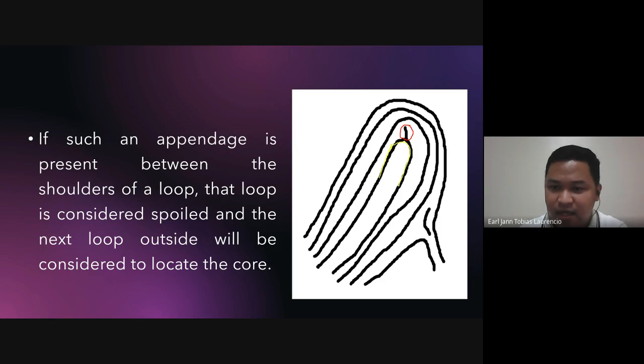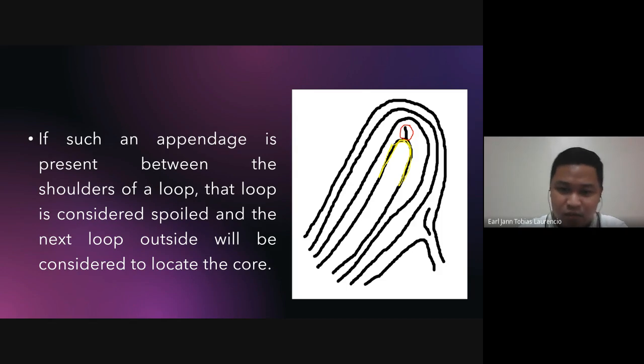The one that I am coloring with yellow, we will not use that anymore as a reference in locating the core, because that recurving ridge was spoiled or destroyed by an appendage or by a spur. So even if it is the innermost ridge, we will not utilize that.